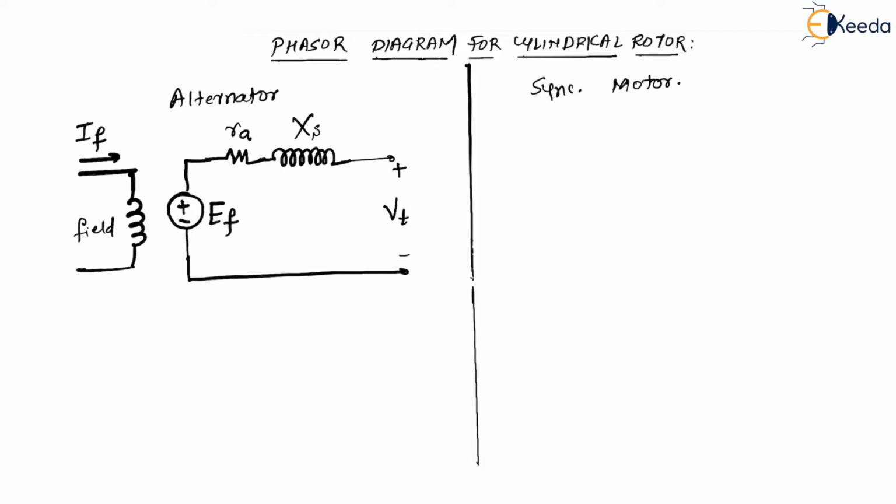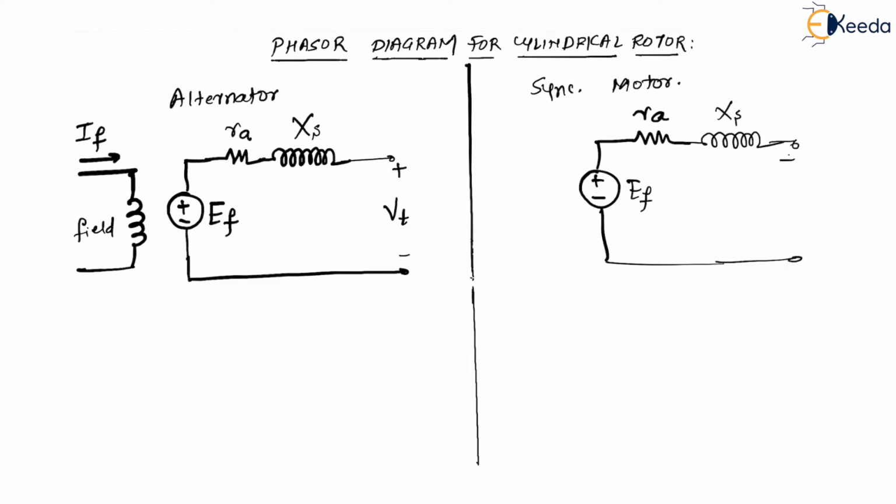Similarly, we will have the same diagram in the case of the synchronous motor as well. We have this EF, then this RA, then this Xs, and at the end VT.